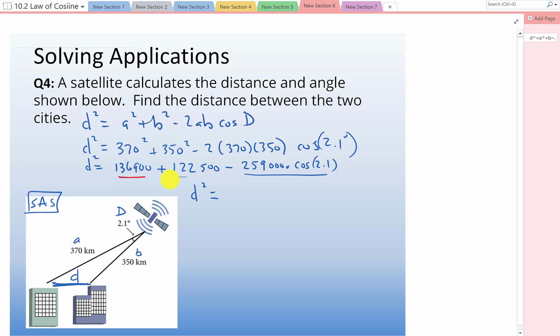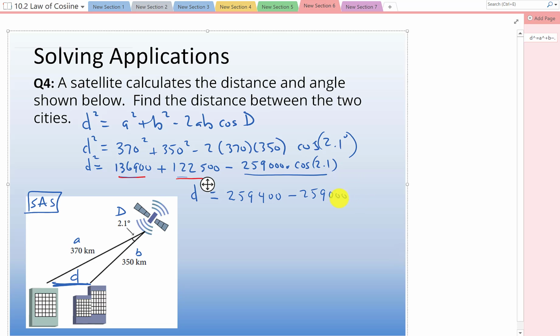And when we do add those numbers, we're going to get 259,400 minus 259,000 exactly.